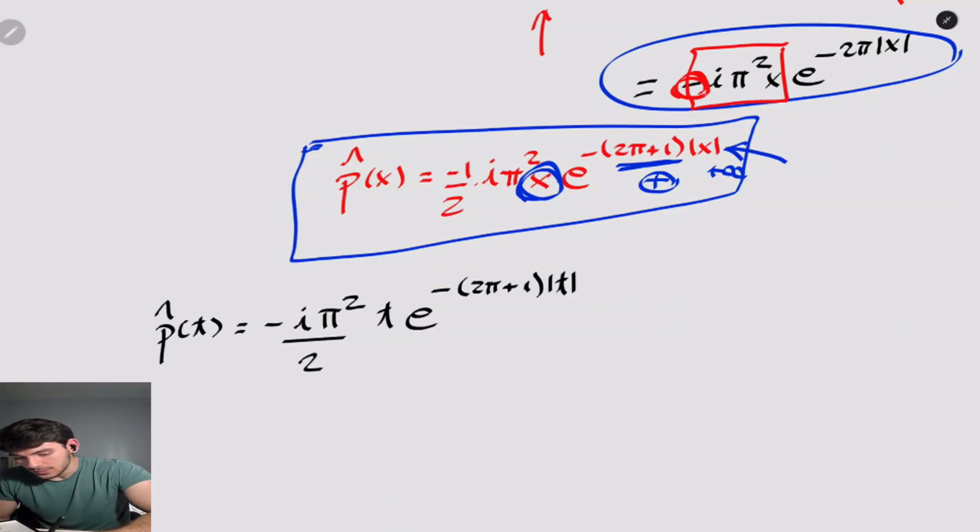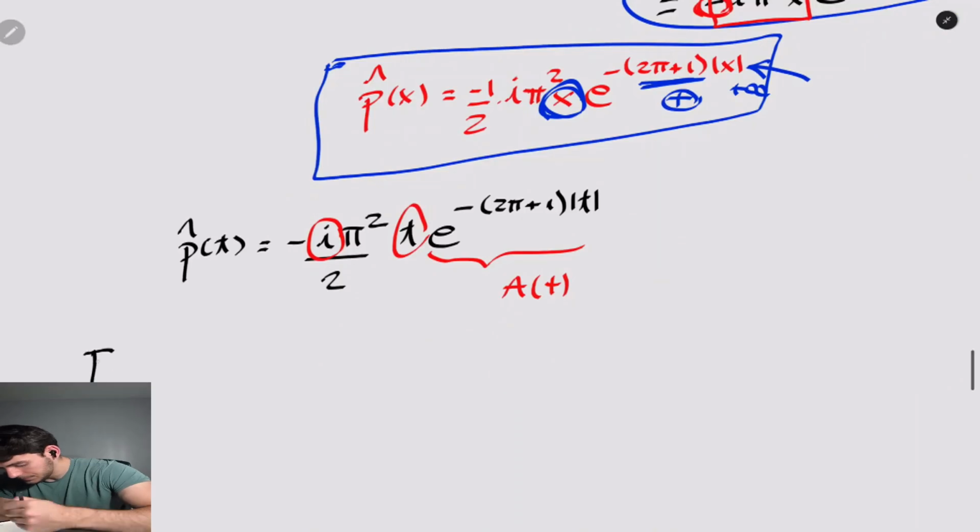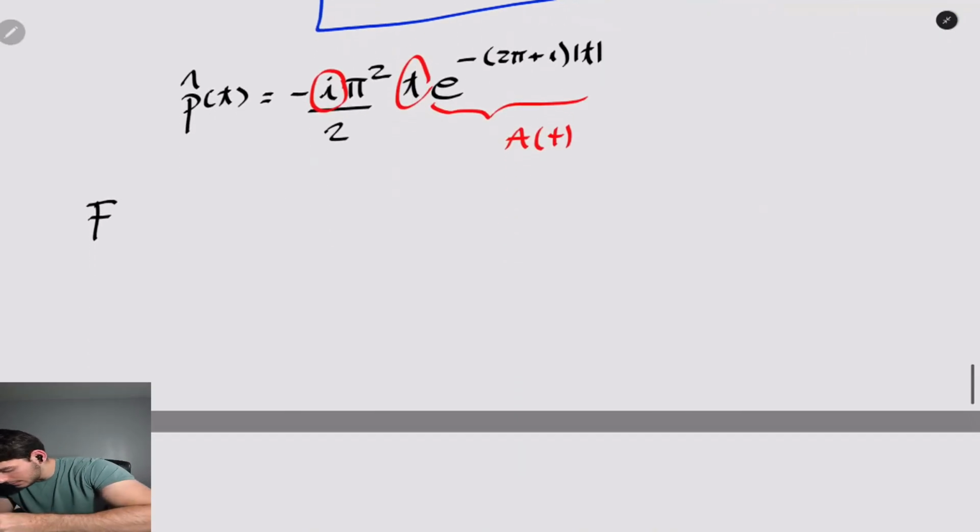All right, so let's identify those three terms. Our i is here, our t is here, and here we have our a hat. And minus pi squared divided by 2 is just a constant. So if we do the inverse transformation of this, let me take out the constant, so minus pi squared divided by 2.